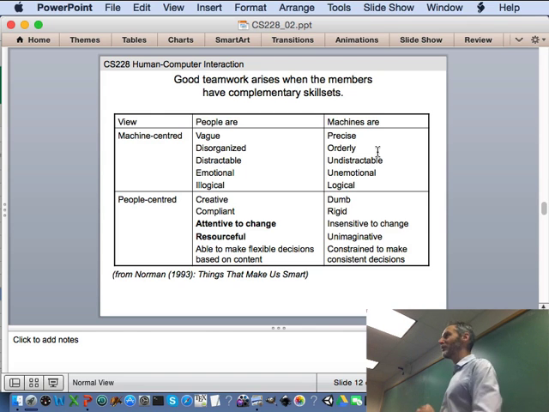Obviously, if you want to put people and computers together, we would like their respective skills to complement one another. If you ask people that are machine-centered, who like computers, to describe people and computers, you'll typically get descriptions like people are vague, disorganized, distractible, emotional, illogical, and so on. And machines, thank goodness, are precise, orderly, undistractable, and so on.